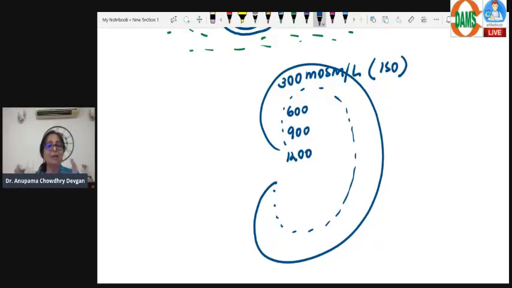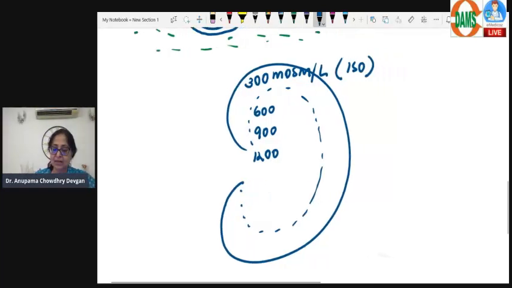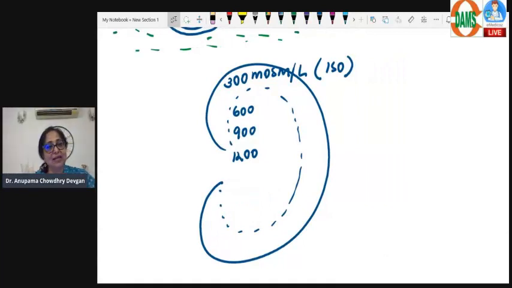Why is that so? Mainly because of the differential permeability of the loop of Henle. There is movement of water from the lumen into the interstitium in the descending limb, and there is movement of solutes from the ascending limb into the interstitium, but movement of solutes is more. So interstitial fluid becomes concentrated. This is the medullary interstitial osmolality.